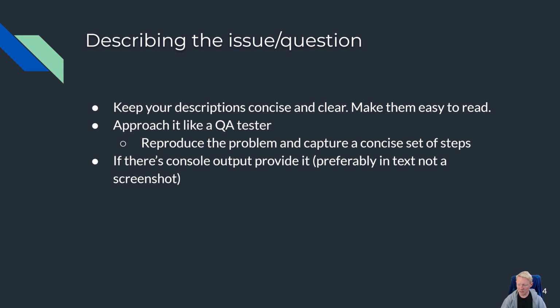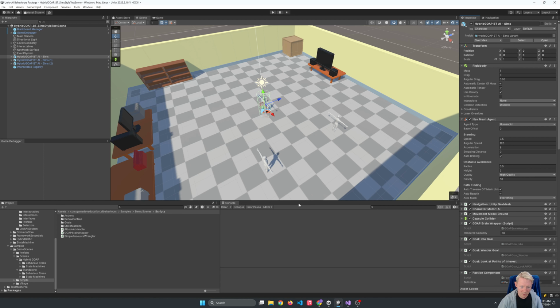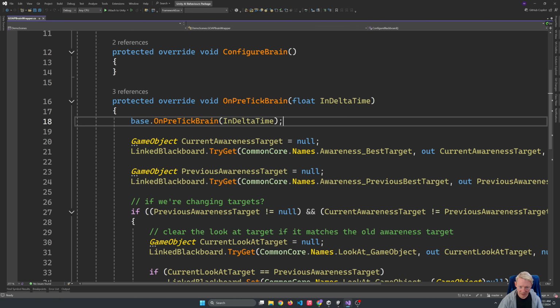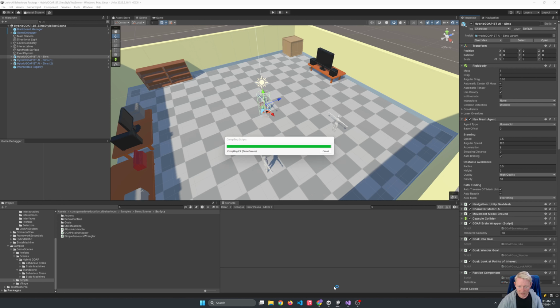The other thing is the console output, and I'm just going to jump to Unity to demonstrate this. So I'm going to create an error, and in particular one that will prevent it compiling. And if I go back to Unity, now I can see we've got an error.